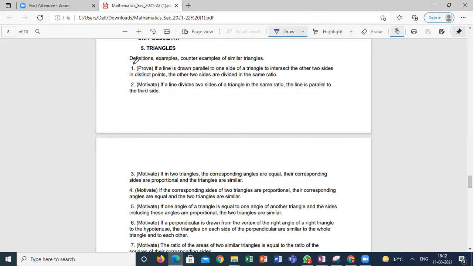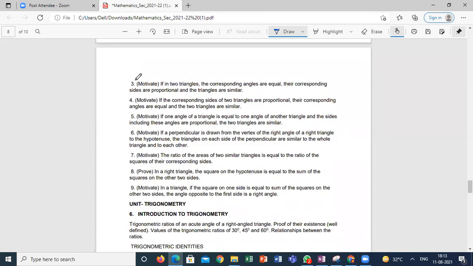But the remaining 3 theorems are required to solve the questions. Thales theorem and converse of the Thales theorem are there. After that, straight away they are going with the congruence and similarity theorems. So 3, 4, 5 is similarity. 6 is related to Pythagoras theorem. 7, 8 related to areas of the triangle. And 9th is Pythagoras theorem. So we are on the right track only. Come back to the question, please.